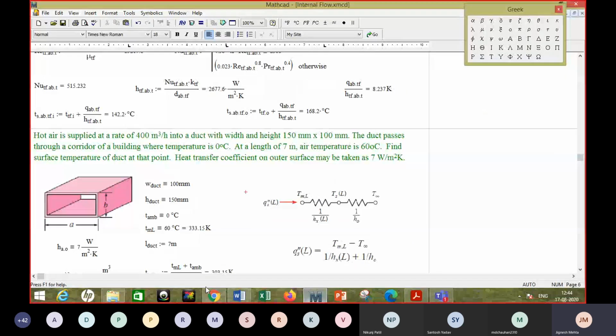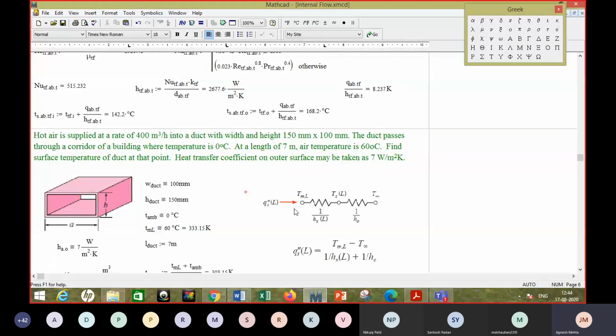So we are going to take this example now for a non-circular geometry. So there is hot air which is supplied at a rate of 400 meter cube per hour into a duct with width and height 150 and 100, right? So A is 150 and B is 100. The duct passes through a corridor of a building where the temperature is 0 degrees Celsius.